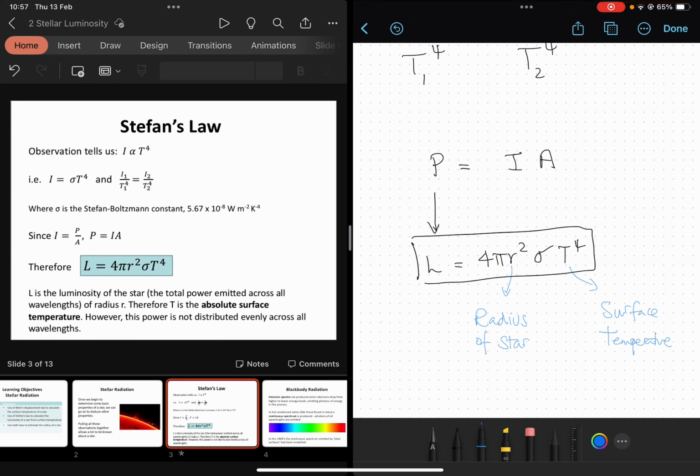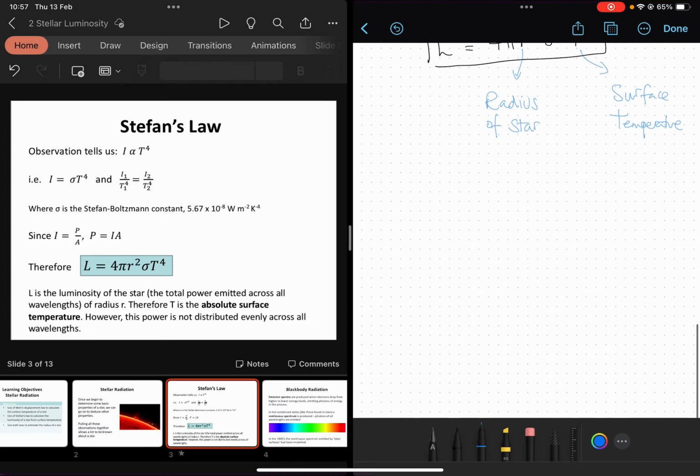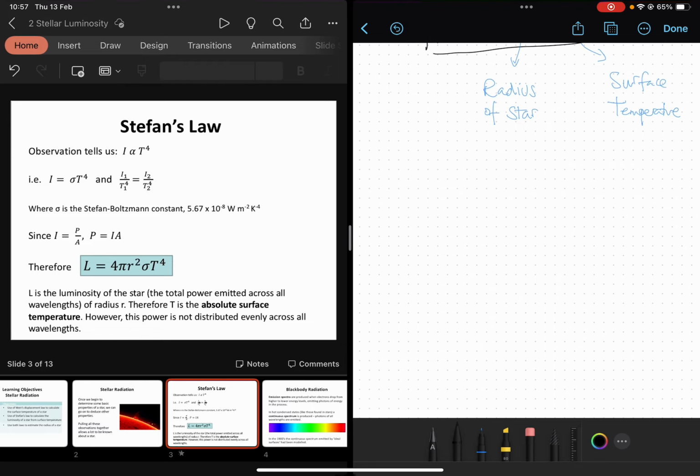If we go back to the constant ratio test, we can look at how useful that is. Let's imagine that we've got two stars, star A, and it's got a surface temperature of 3000 degrees C, and it's got a luminosity L. Star B has a surface temperature of 2500 degrees C, and we would like to know what its luminosity is in relation to the luminosity of star A. We're going to assume both of these stars are the same size, and you'll see why I made that statement a little bit later.